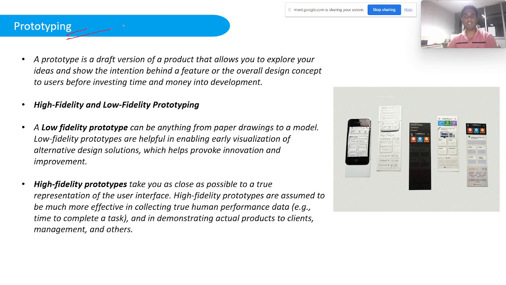You need something which you can show to the user or the stakeholder. So you can have two types of prototypes. One can be high fidelity, one can be low fidelity. Low fidelity prototypes are generally paper based prototypes, which are basically low cost versions, which can be just a representation of a concept with hand drawn sketches.